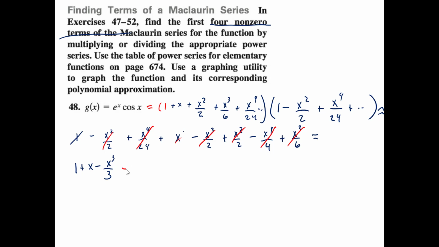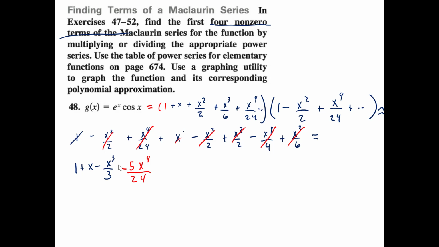Negative 5 over 24, so minus 5x to the 4th, all divided by 24. And there we go. All the terms of one times all the terms of the other, but if we continue, we'll get a power higher than these 4, and we only wanted the first 4 non-zero terms.